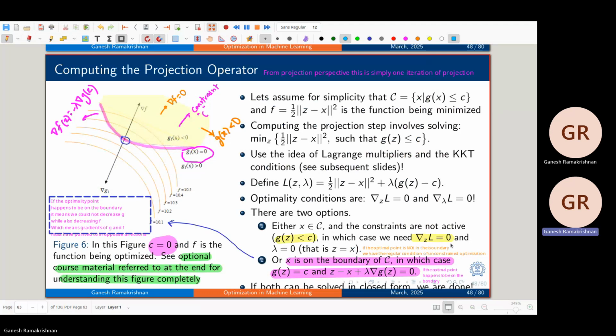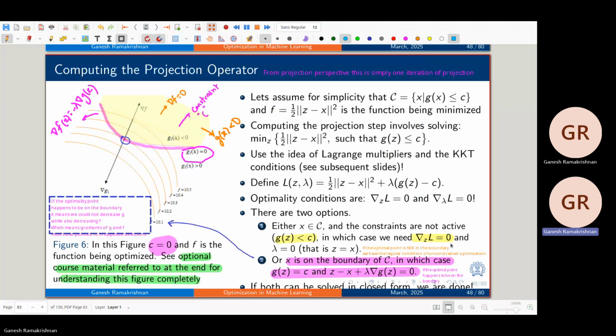So what do we expect between the gradient direction of f and the gradient direction of g? Actually I'm just calling it z instead of x; I want to be consistent, so I'll use z.